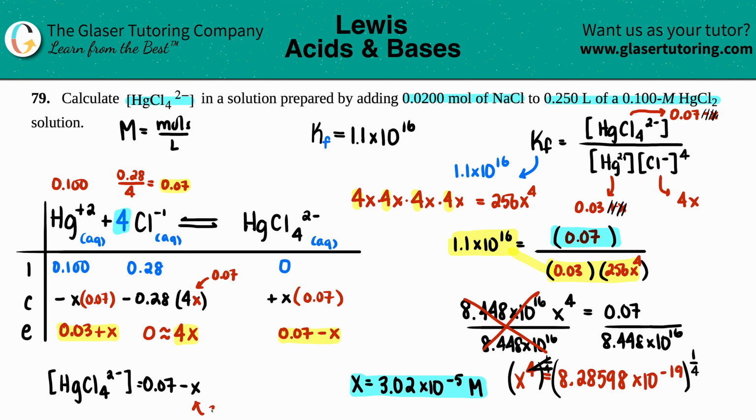The 3.02 times 10 to the negative 5th. So I just have to do the subtraction. Let's see if it will even change the value. So 0.07 minus 3.02 times 10 to the negative fifth. And yeah, no. With the sig figs, there's no change. So that's why we didn't even need to do the math, because we could have just seen that it didn't change and it would have been that answer.